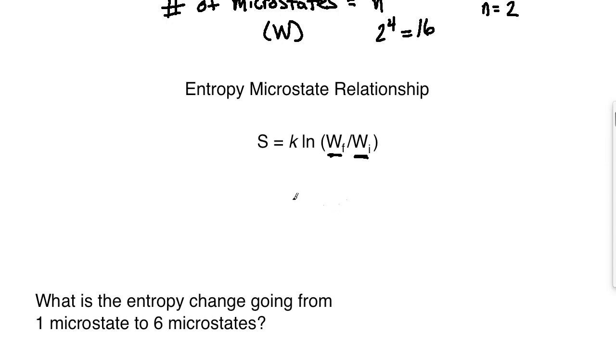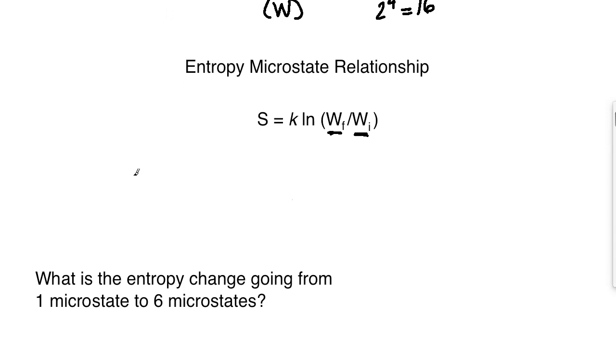All right, so when we deal with something like this, the Boltzmann constant is equal to 1.38 times 10 to the negative 23rd joules per Kelvin. This is known as the Boltzmann constant.